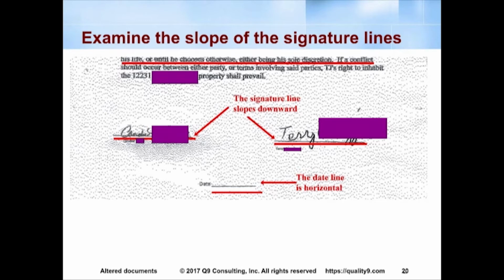Because if you do it in Photoshop, depending upon the orientation, you might misalign it, but a lot of times you'll be able to get it nicely lined. So I'm suspecting that maybe they used a real cut and paste on here. Then if we look at the date line down here, it's nice and horizontal. So that tells us there's something wrong with the signature lines.